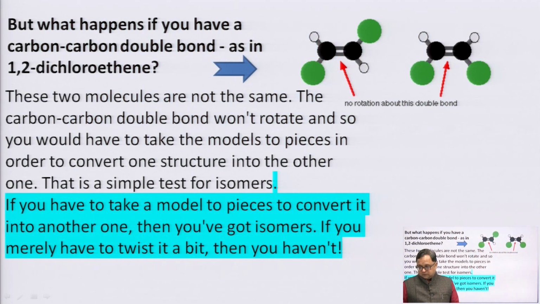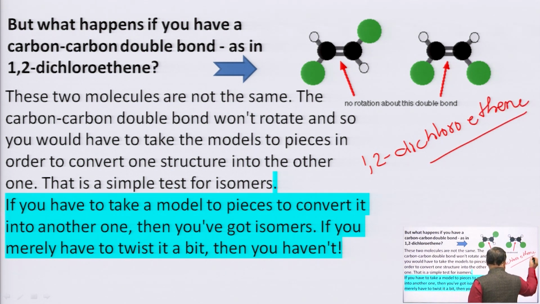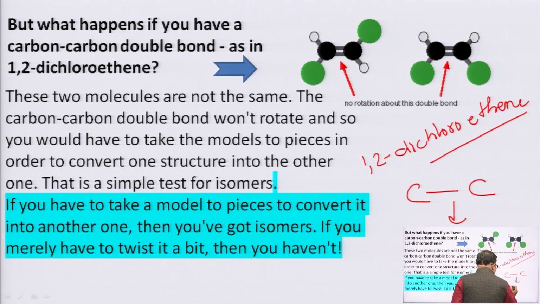Now, let us try to restrict the rotation. Now, we have the example of 1,2-dichloroethene. What we have done is simply converted this C single bond C into C double bond C. These two molecules are not the same.